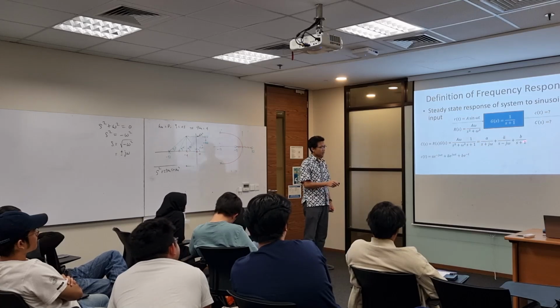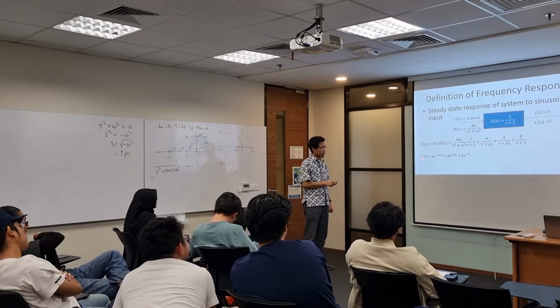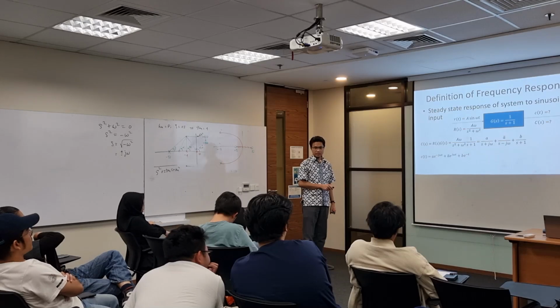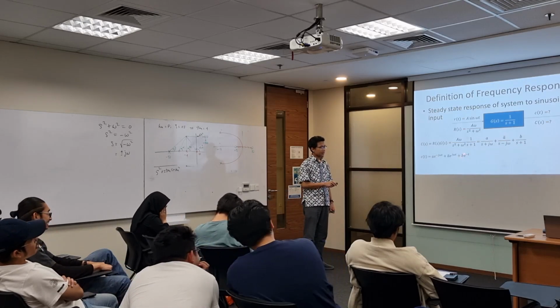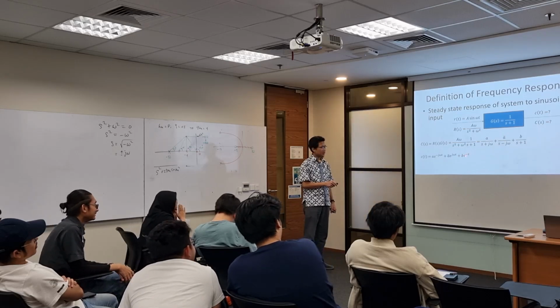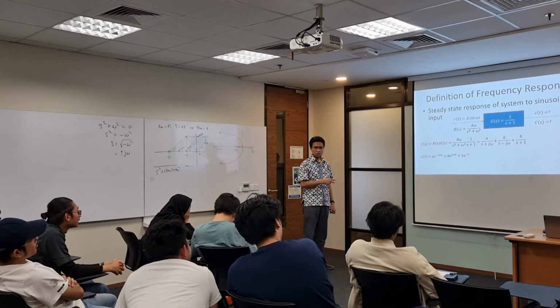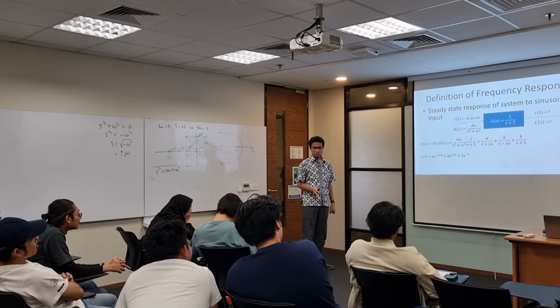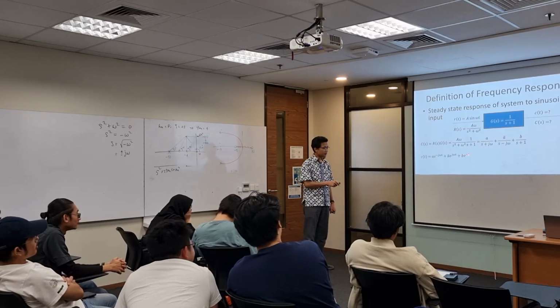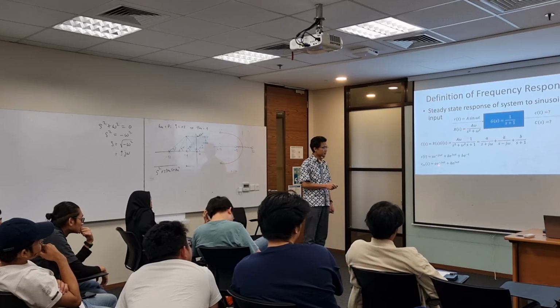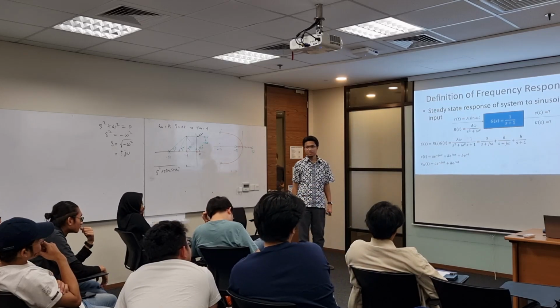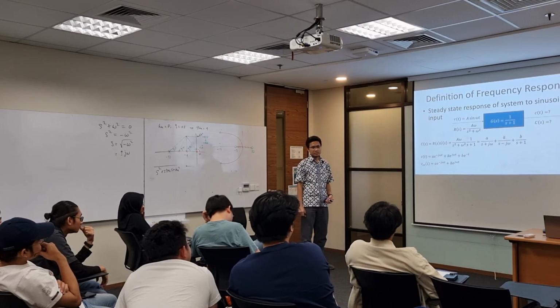Based on this, we know that this will be the full solution to the CT. You recognize this? This is the part that will go to zero. So the steady state will be only these two.